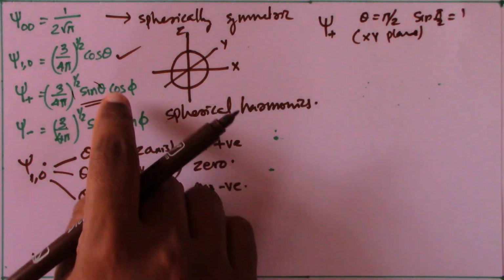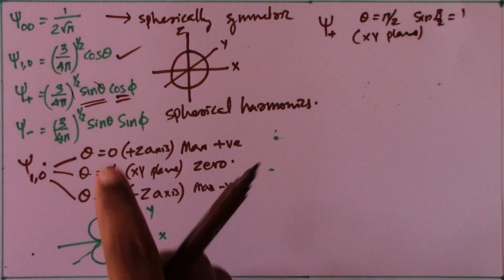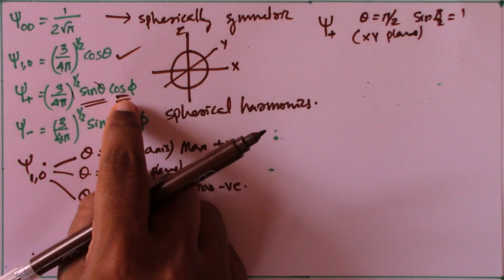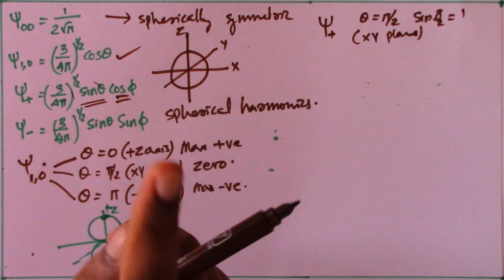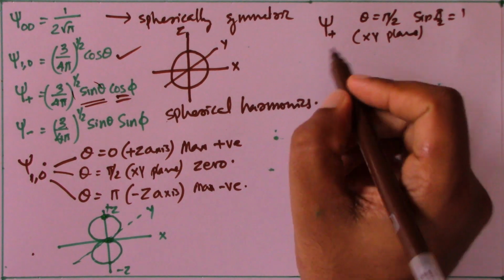And now we can look into the next part, that is cos phi, in sin theta cos phi. So when will cos phi get its maximum value? Cos phi gets its maximum value when cos phi is equal to 1. Cos phi is equal to 1 when phi is equal to 0.